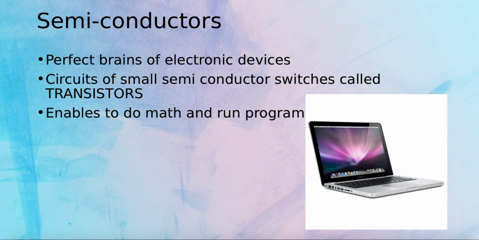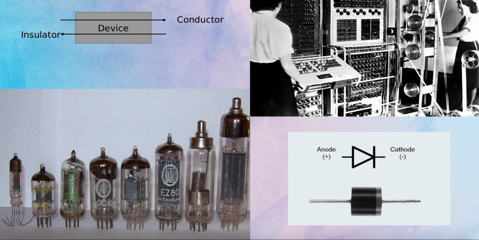So let's take a quick look at how semiconductor devices were built in ancient days. So this is a device that we have to build, which acts as a conductor in one direction and insulator in another direction. If we are successfully able to build such a device, then we can go ahead building lots of computers. So this is a picture of how semiconductor devices looked in olden days.